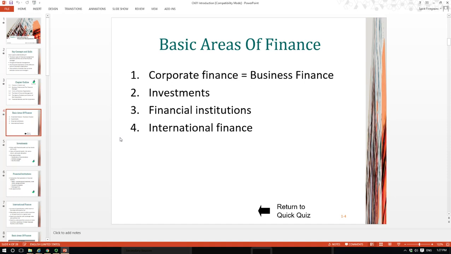And the last area is international finance. International finance deals with international issues for multinational companies, and that is a surging area on the job market for finance majors. So we have 4 basic areas of finance, and as a practitioner in finance, I would say there's a 5th area, so-called risk management.